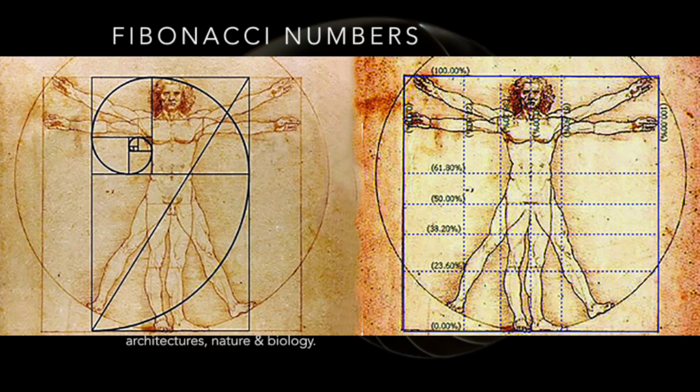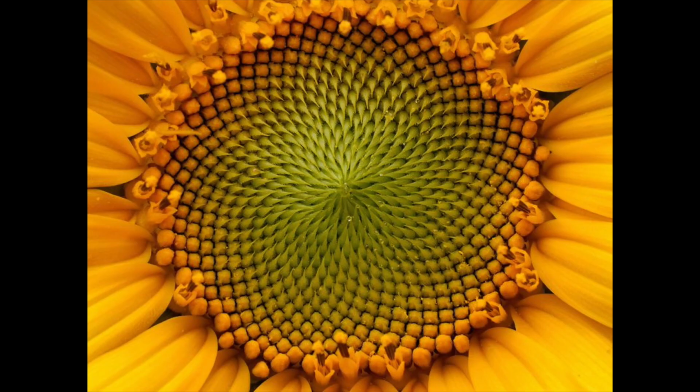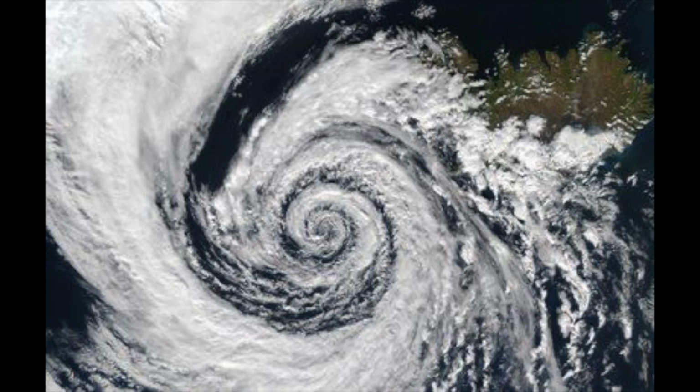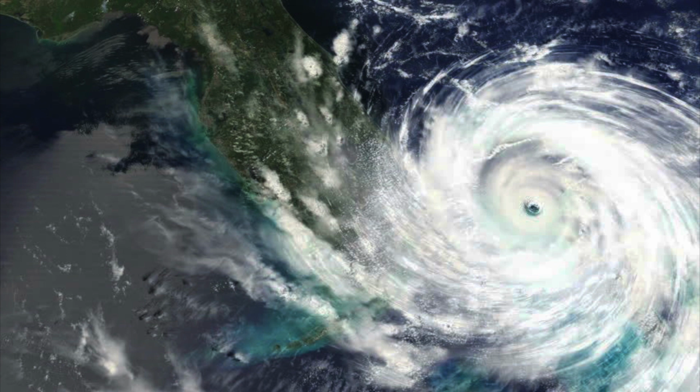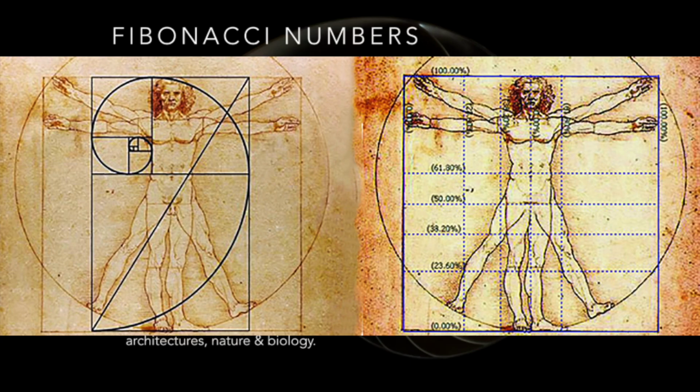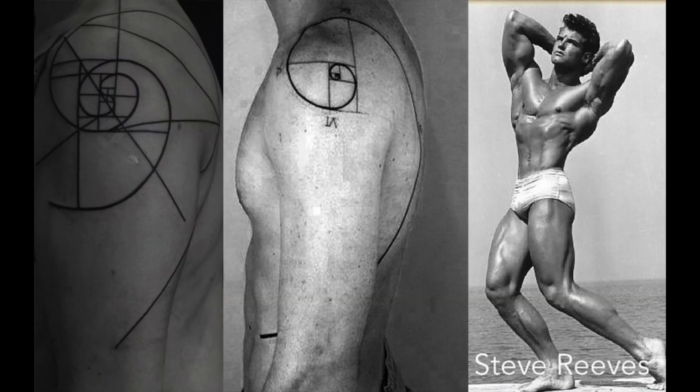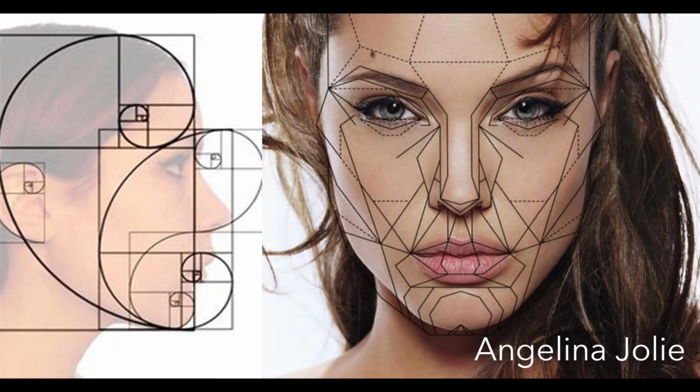Also, if you look at the human body, at flowers, even storm or hurricane patterns, it is also present there. In the human body, a lot of bodybuilding competitions usually subscribe to the Fibonacci spiral to appropriate the ratios of biceps to shoulders to chest and so on. It's very common in the human body as we're born, but also in how we depict standards of beauty, which I hate to say, but those tend to also follow the Fibonacci sequence.